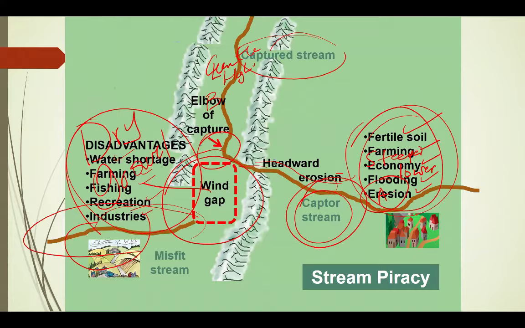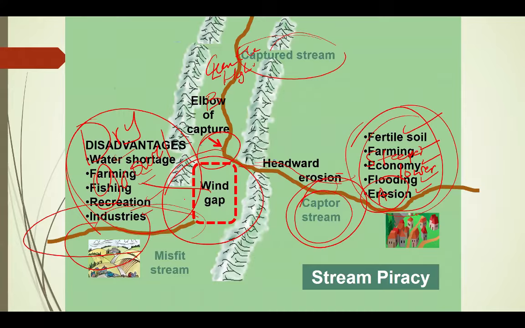Then what will happen to the other site? There is going to be less energy. If there is less energy, there's going to be more deposition. The river is also going to be smaller than the valley that it is flowing through. The river becomes smaller than the valley that it is flowing through. So those will be the challenges that this is going to experience.